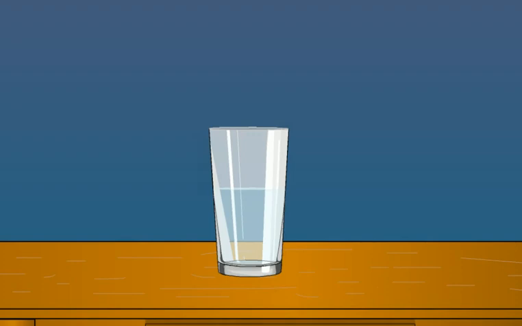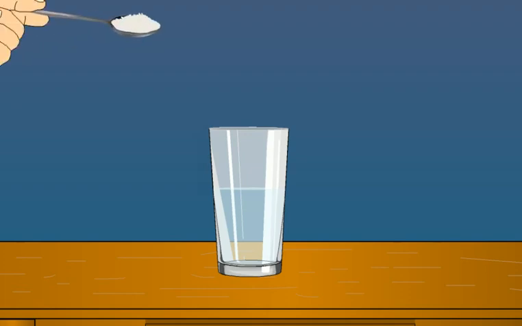This activity is conducted to test whether a substance dissolves in water. Students, take a glass half filled with clean water. Put a sample of the collected substance in water.